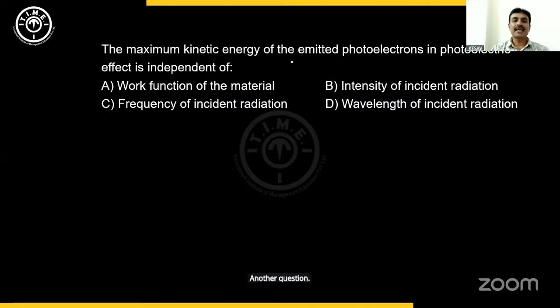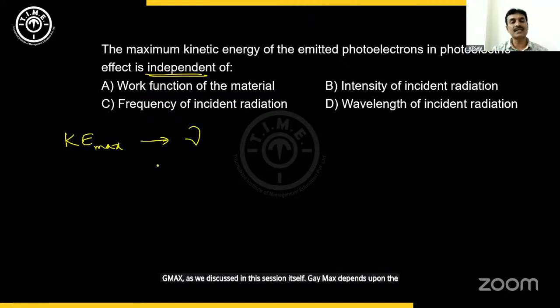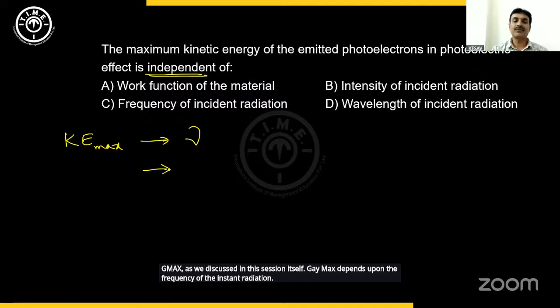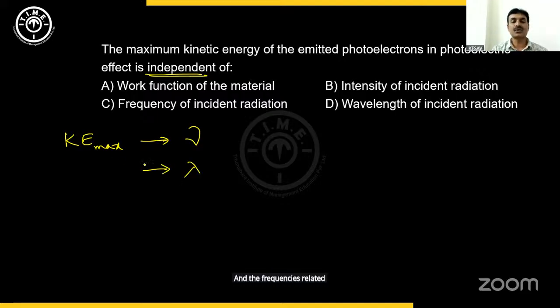Okay. Now, another question. The maximum kinetic energy of the emitted photoelectrons in photoelectric effect is independent of... Ke max. As we discussed in this session itself, Ke max depends upon the frequency of the incident radiation, and frequency is related to the wavelength. So Ke max depends upon the wavelength. Ke max also depends upon the nu naught threshold frequency.